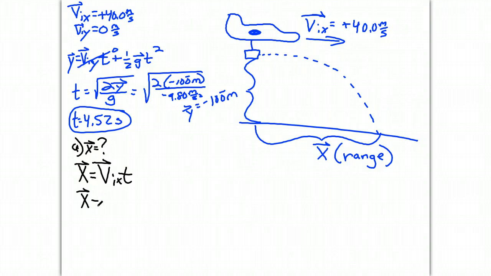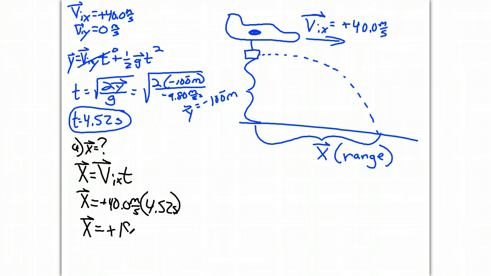If we substitute in our numbers, the initial velocity is positive 40 meters per second times the entire time of flight, 4.52 seconds. X will then be equal to positive 181 meters.